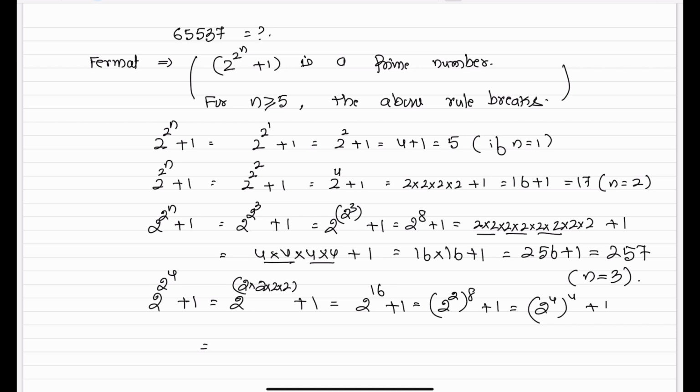What is 2 to the power of 4? 2 into 2 is 4, 4 into 2 is 8, 8 into 2 is 16. So 16 to the power of 4 plus 1 is equal to 16 into 16 into 16 into 16 plus 1.